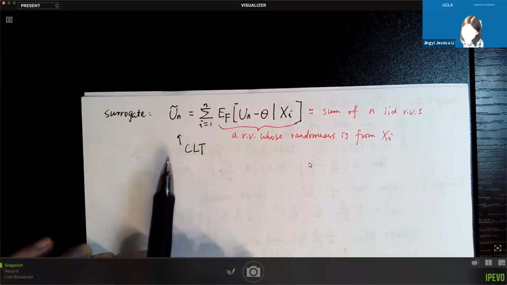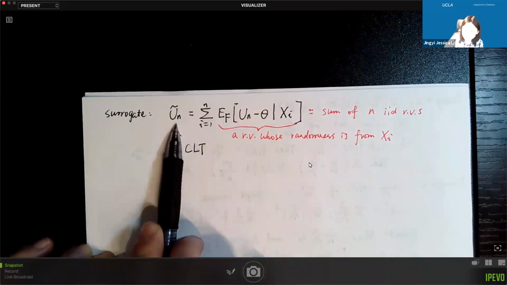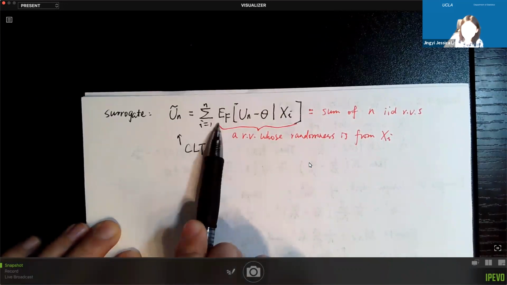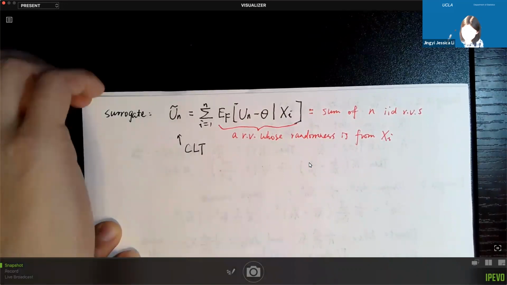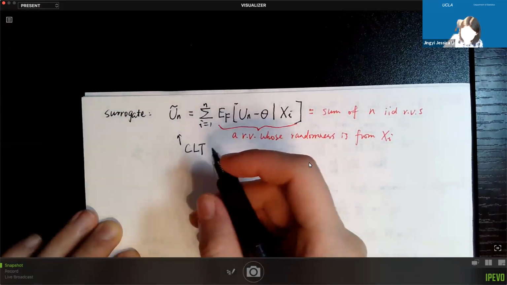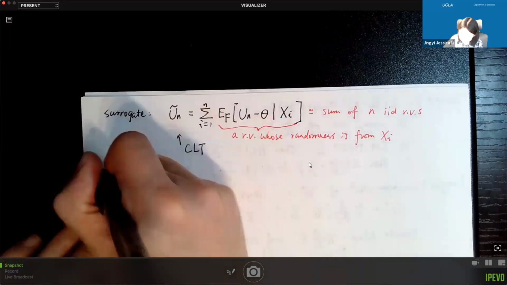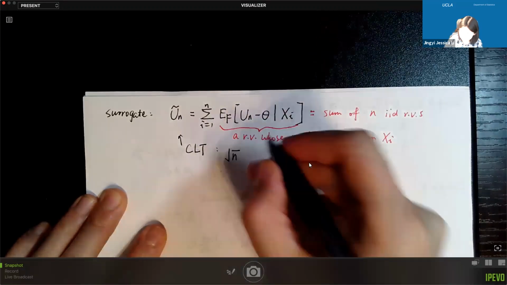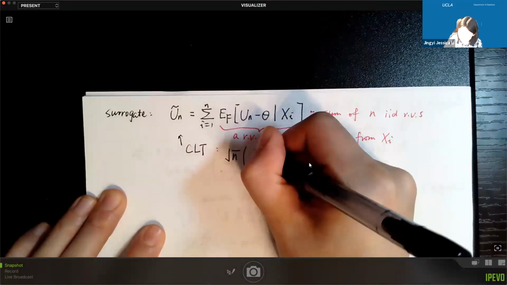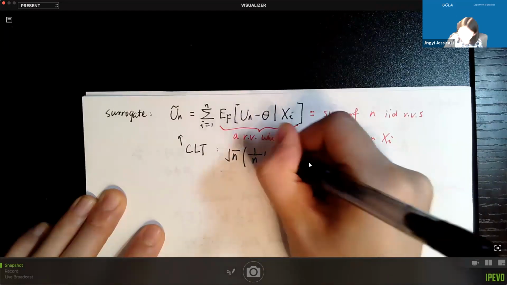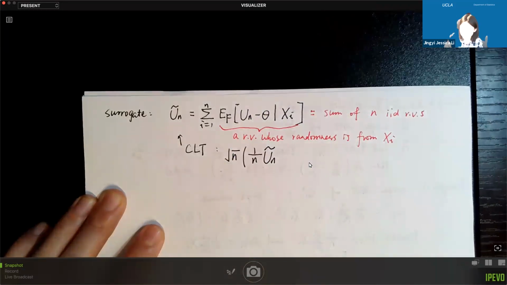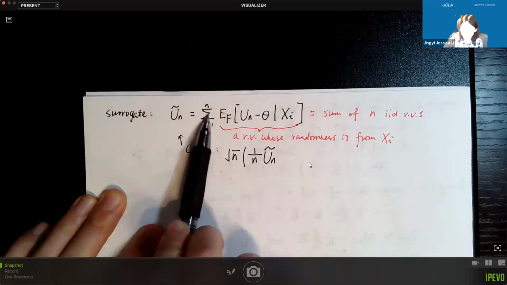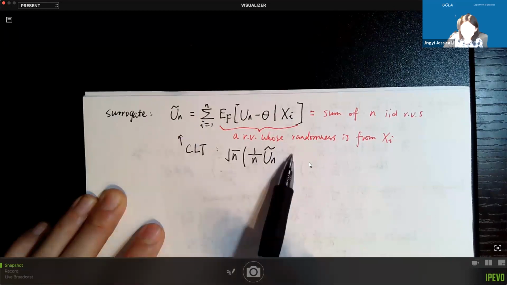So to apply the central limit theorem to U_N tilde, the only thing we need is the variance of each term in the summation, right? We can write root n times 1 over n U_N tilde, minus its mean. Here clearly, because U_N is unbiased, by taking expectation of U_N tilde, it's 0.